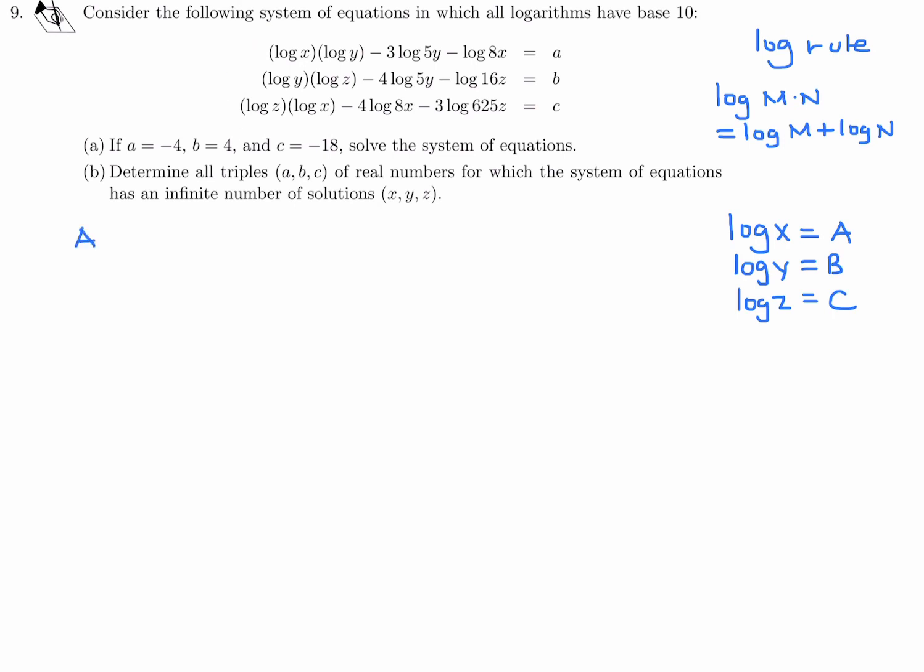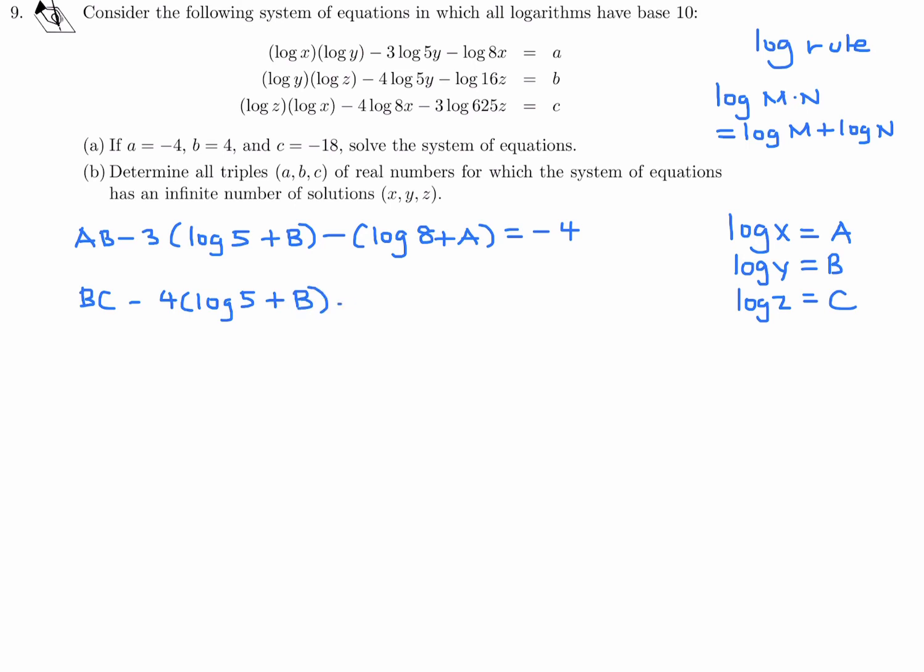We're going to have ab minus 3 log of 5 plus b. I've already applied that log rule, minus the log of 8 plus a, and that equals negative 4, since a is negative 4. And in a very similar way, the next one becomes bc minus 4 log of 5 plus b minus the log of 16 plus c, and that equals 4, since b is equal to 4.